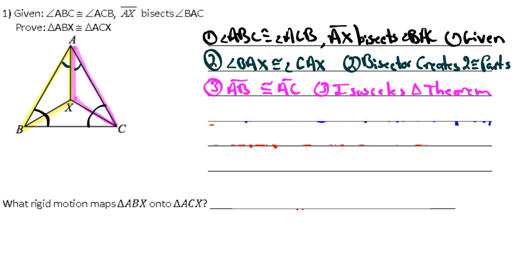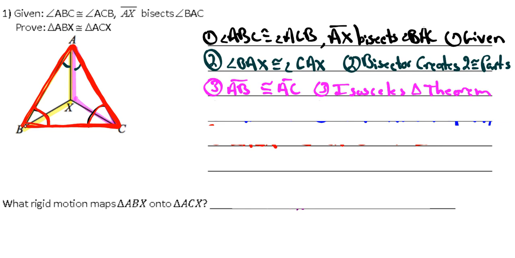Next, AB is congruent to AC. Why is that? Well, here's why. Triangle ABC, the whole big diagram, has angle ABC congruent to angle ACB. That means it's one big isosceles triangle surrounding my whole diagram.